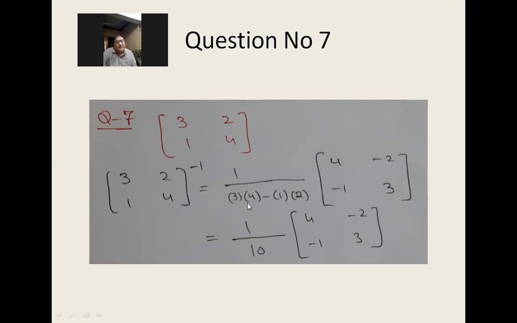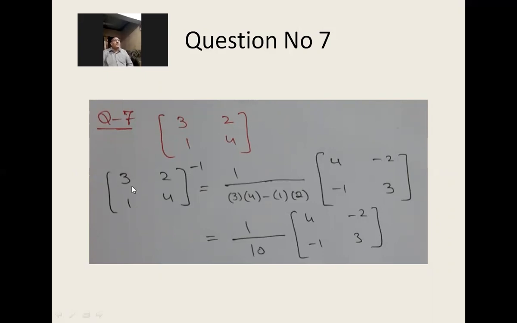Here you can see I have written 3 into 4 minus 1 into 2, 1 by this, because the formula is 1 by determinant into adjoint. In the adjoint, we change the positions of these two and we change the signs of these two. So here you will have 4, minus 2, minus 1, and 3. So this will be 1 by 10 into the matrix 4, minus 2, minus 1, 3.